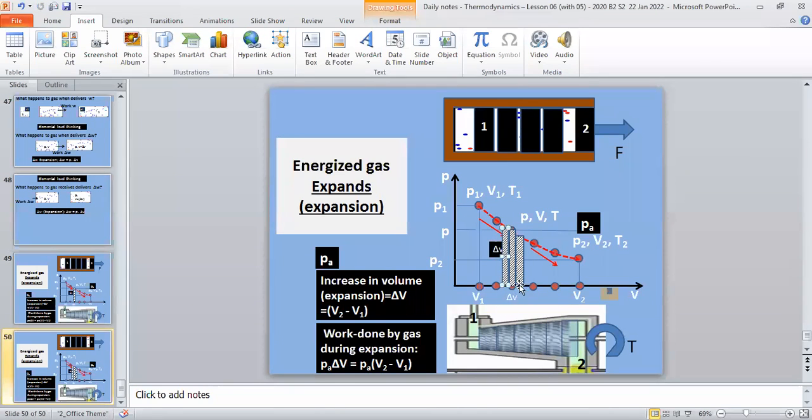You can see this nature of tiny delta V strips underneath the PV curve.